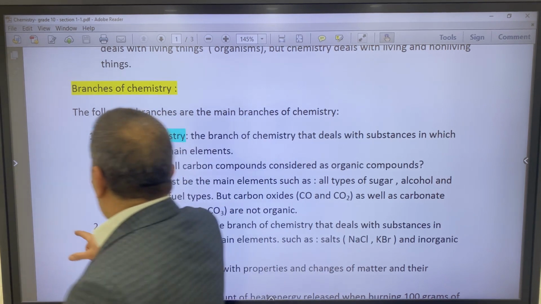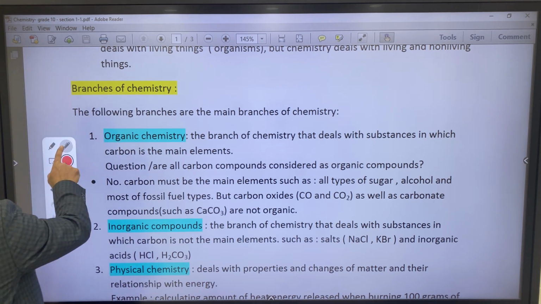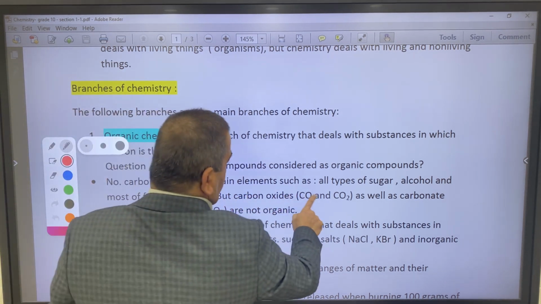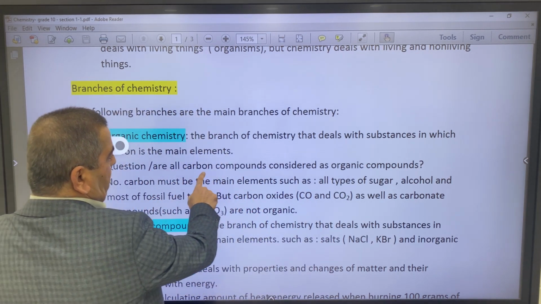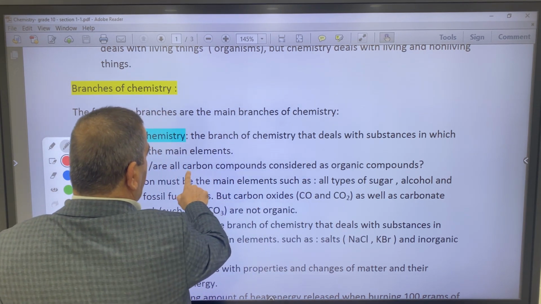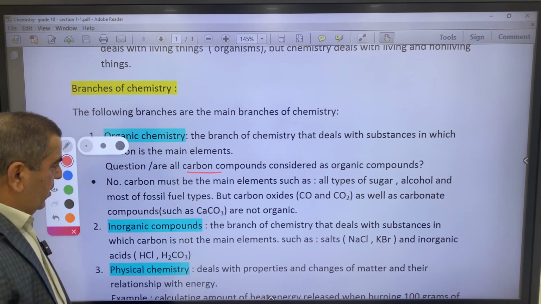Are all compounds that contain carbon considered as organic? So if carbon is present, does it mean the compound is organic?